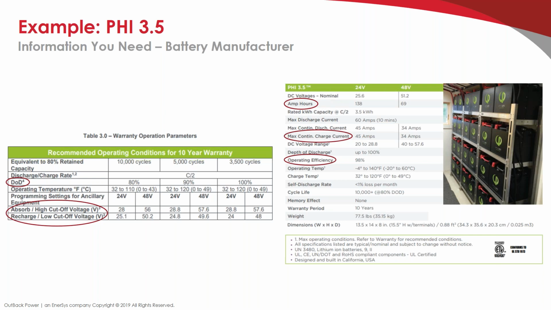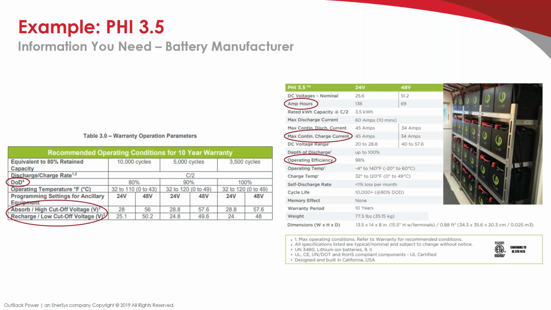And then just take a quick note of the ones that I have circled. So amp hours, that is going to go into our state of charge algorithm, and it's also going to go into, again, our charge and discharge rate. Max continuous charge current, 34 amps. Just make sure that matches up with the other one, C/2. So 69 divided by 2 is about 34 if we err on the side of caution.